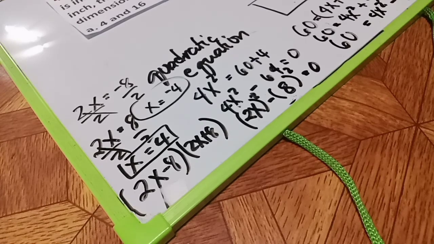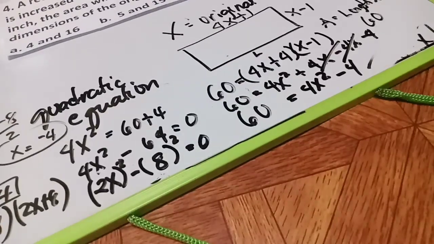Automatically, the original width of the rectangle is 4. Take note, guys, the original length of the rectangle, or the width, is 4.